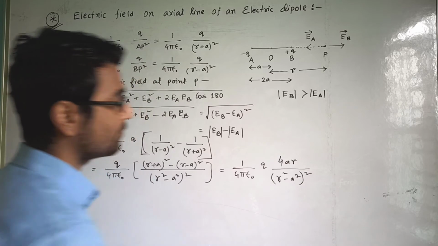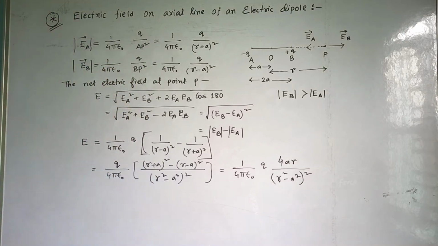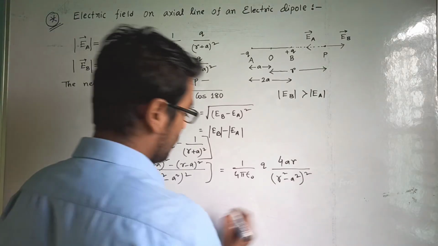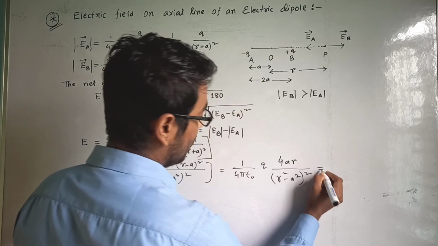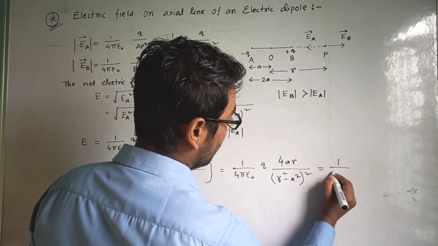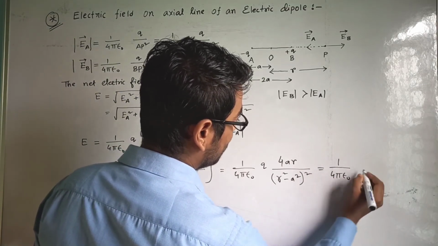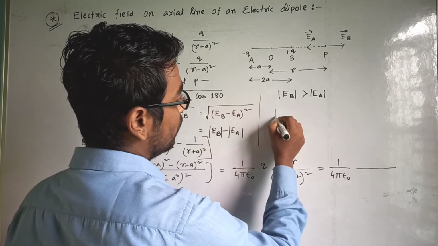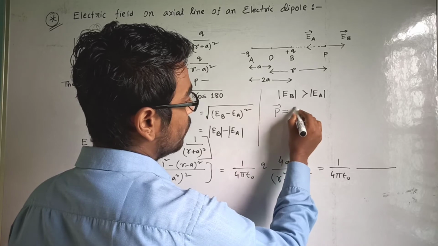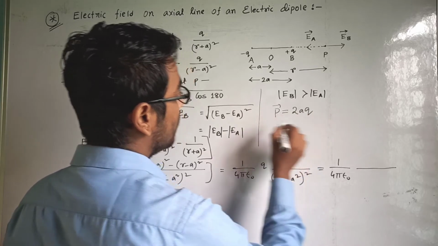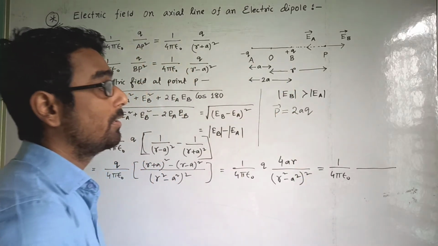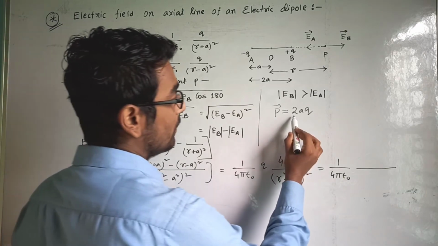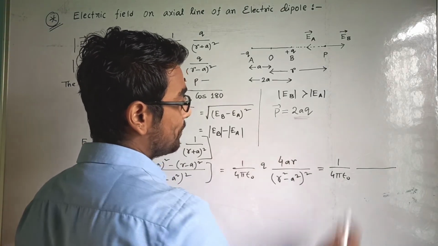We already know that the dipole moment is 2A into Q, because 2A is the length of the dipole, so length into magnitude of charge.